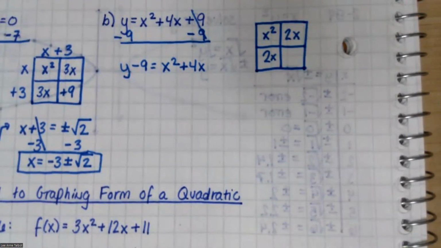All right, there's my first step. I subtracted 9 from both sides and got y minus 9 equals x squared plus 4x. And then I started my square.